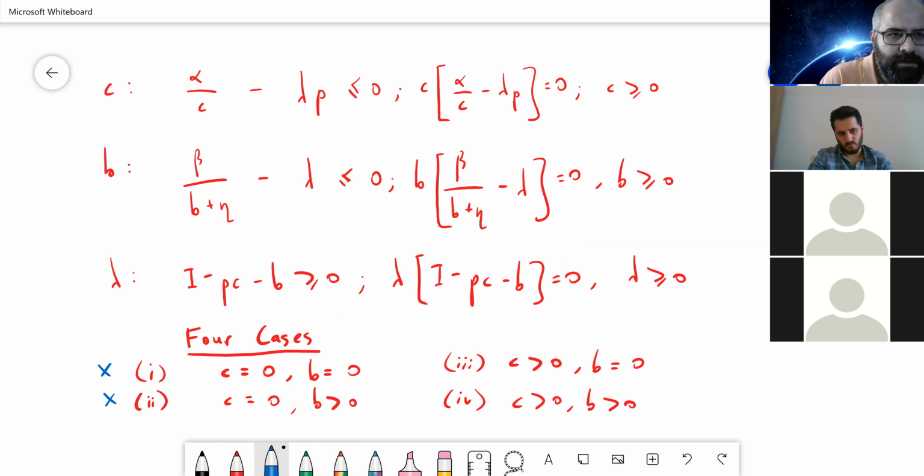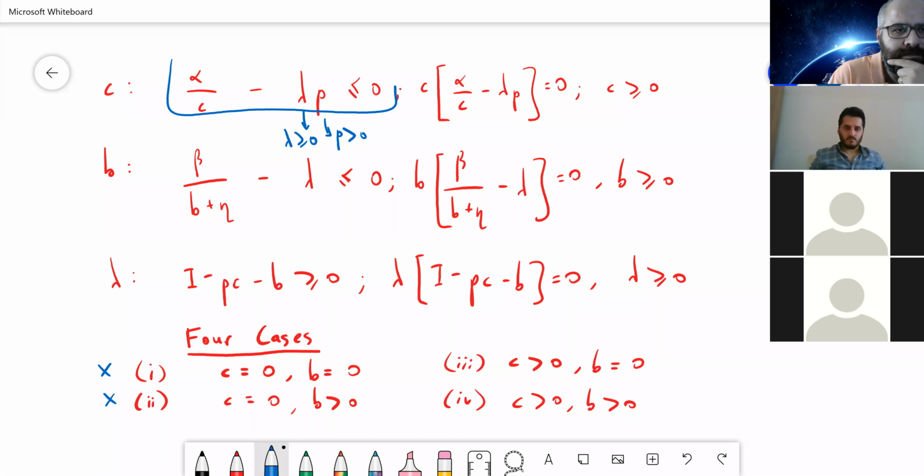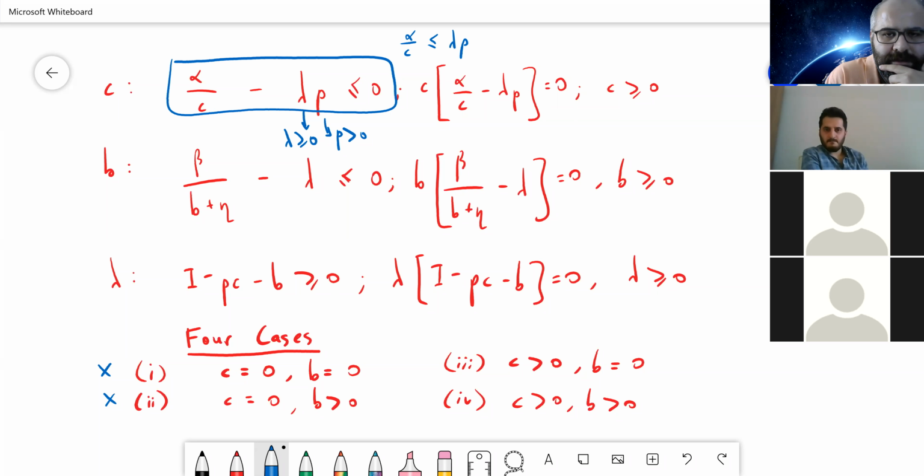But you can also see it in this way. Look at here. You know P is positive, right? Because this is price. You also know that lambda is non-negative. Now this condition tells you that alpha divided by c must be less than or equal to lambda P, and lambda P is a non-negative number. So either it is a positive number like 5, or it is 0, because lambda could be 0, right?